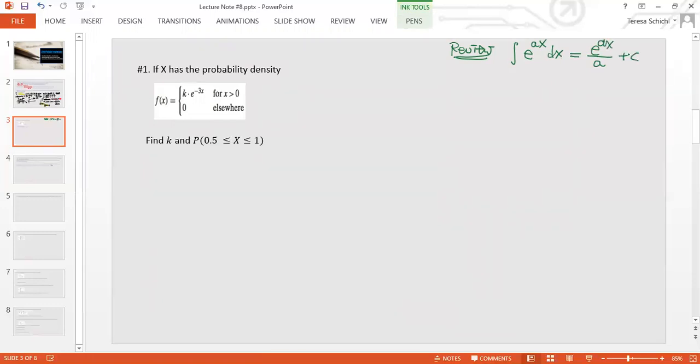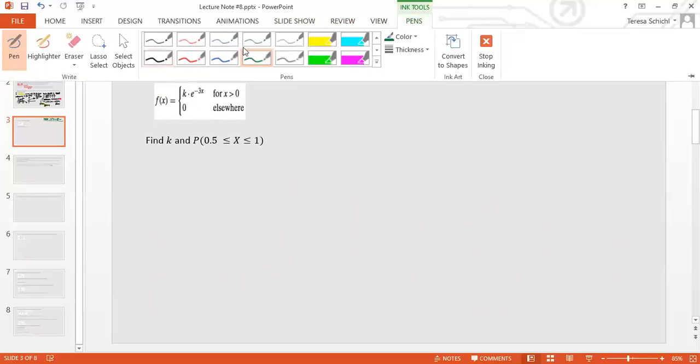This is the formula you need to remember, or in Calculus 2 you use a u-substitution to prove it. But like I said, I'm not going to go through the calculus part, because this is not a calculus class. I assume you know the formulas, and we're going to work on the statistics part.